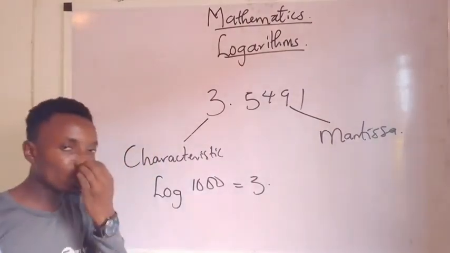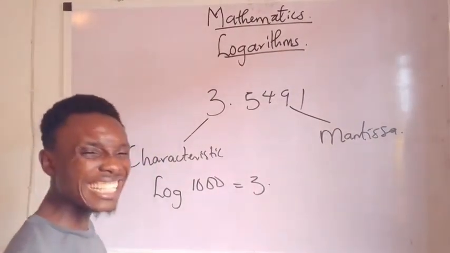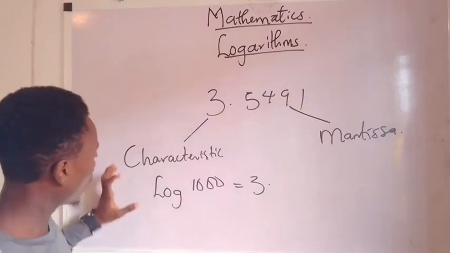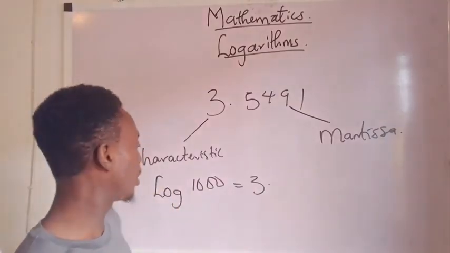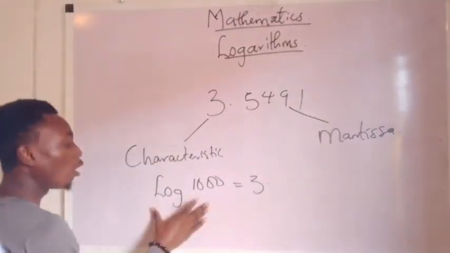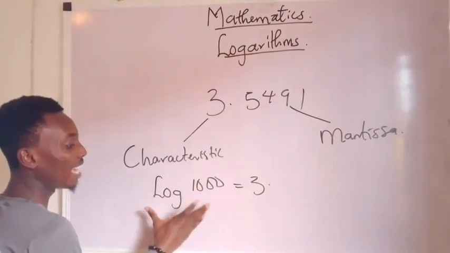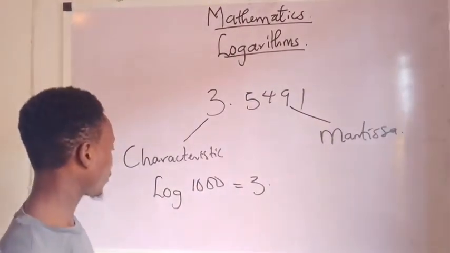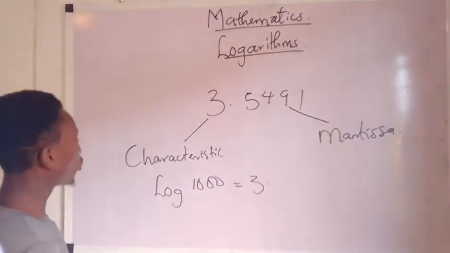Now this brings us to the relationship between indices and logarithms. So what relationship does indices have with logarithms? Like I said earlier, all logarithms that do not have any base indicated are naturally in base 10, except you have the base indicated.